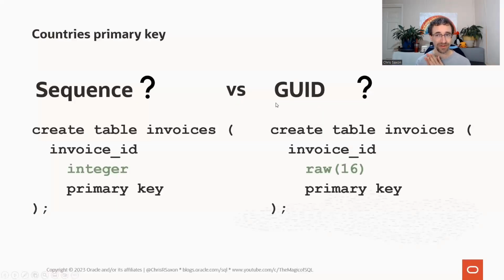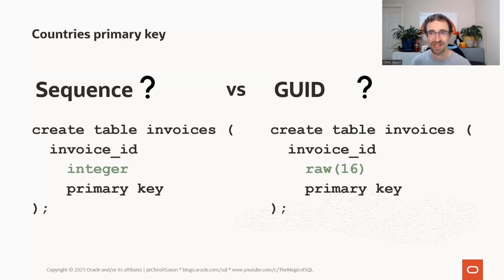One is a sequence, or they could be identity columns, basically numeric values for these surrogate keys, or we could have GUIDs, those alphanumeric hex codes, ABC123 and so on. So the unique identifiers. What do we think? Anyone want to open us up with any particular pros or cons on either of these options, which you prefer?